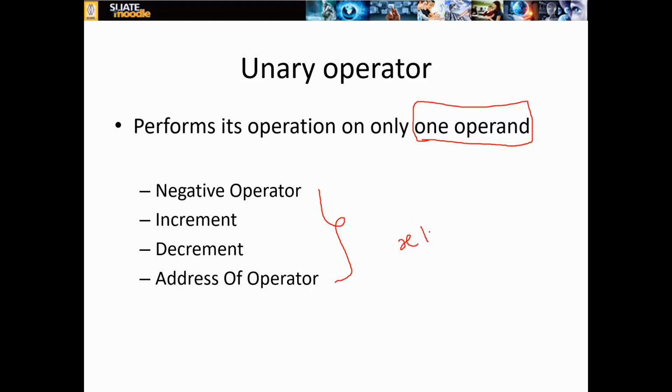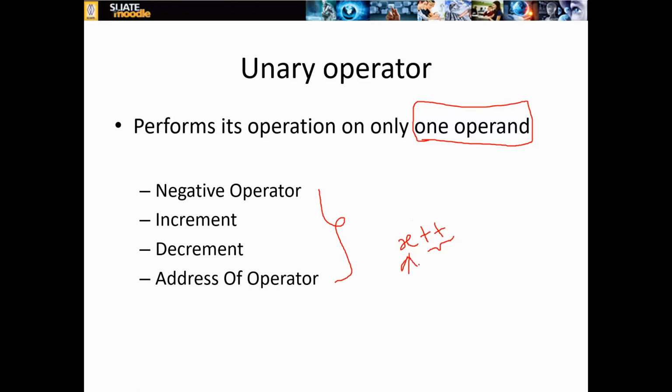And if I say x plus plus, then that means we are going to increase the value of x, right? But in this case, I have used an operator with only one operand, right?